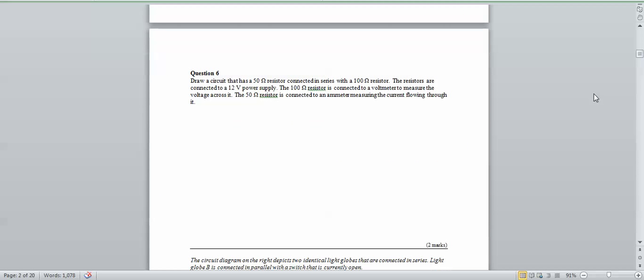Draw a circuit that has a 50 ohm resistor connected in series with a 100 ohm resistor. So let's have a look. So we've got a 12 volt supply. So we've got a 100 ohm resistor in series with a 50 ohm resistor.